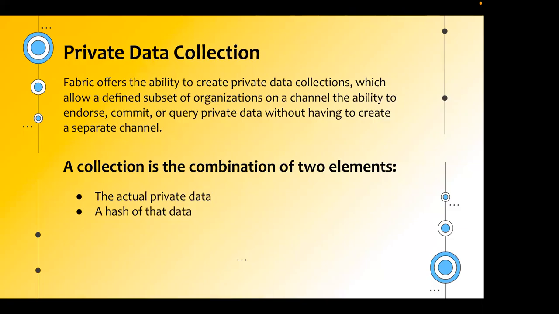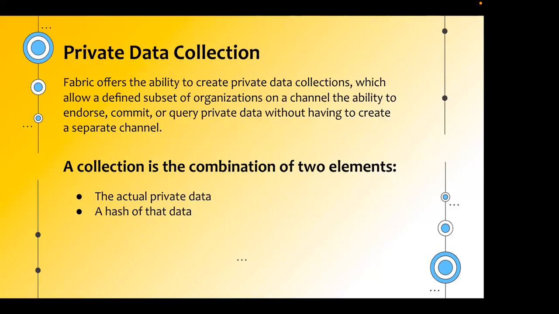Private data collection mostly works on the peer level. Channel works on the organization level; private data works on the peer level. If you want to do some private transactions with only a few peers, you can create a private data collection for those 2 peers, 3 peers, whatever number you have, without creating a separate channel.